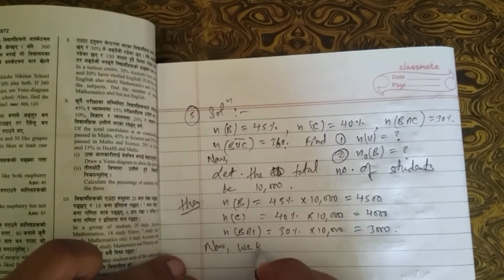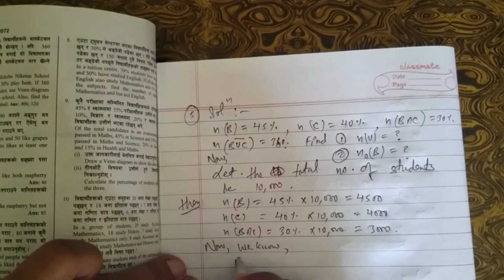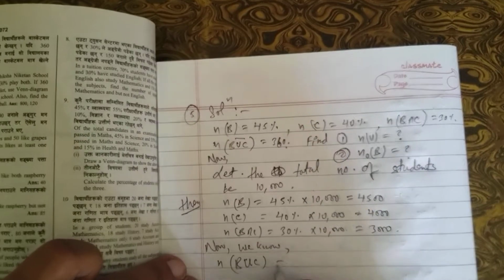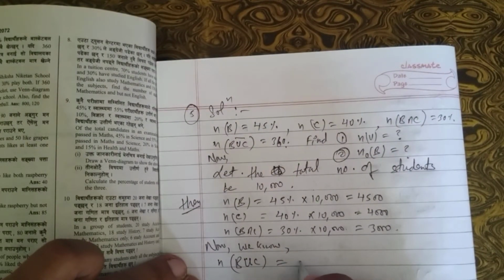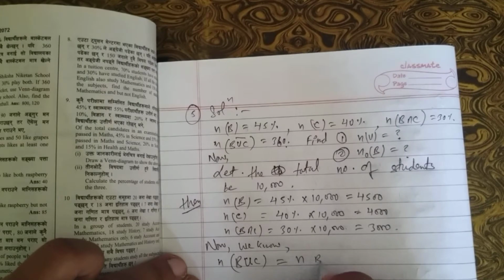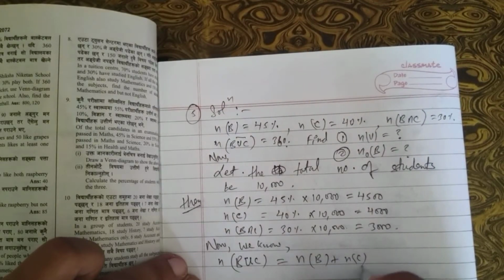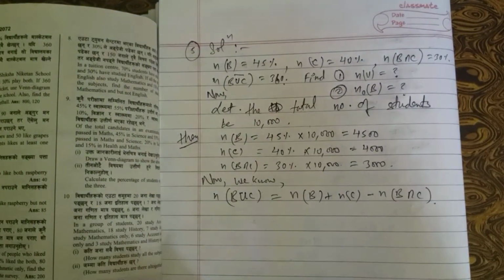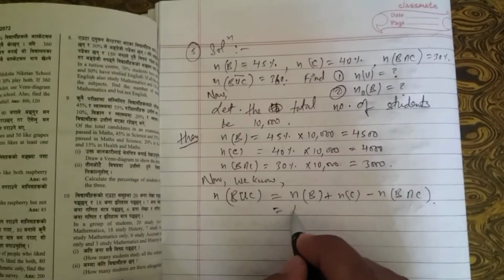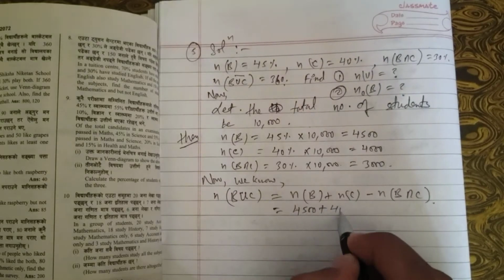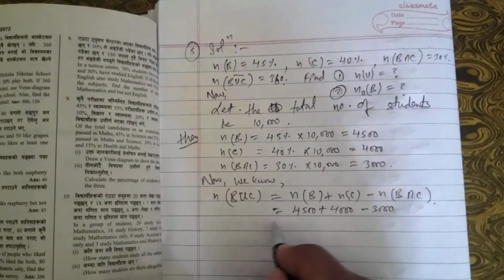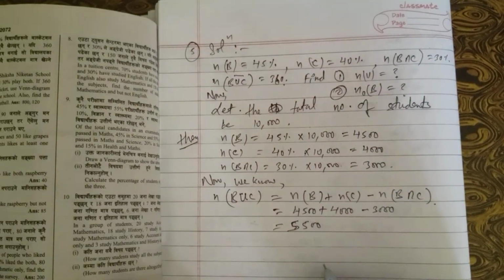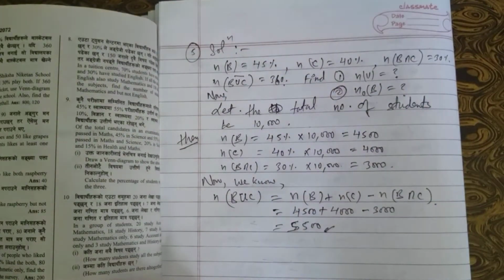Now we know n(B union C) is equal to n(B) plus n(C) minus n(B intersection C), those who play both. So 4,500 plus 4,000 minus 3,000 will give us 5,500. So this is the number of students who play at least one of them.